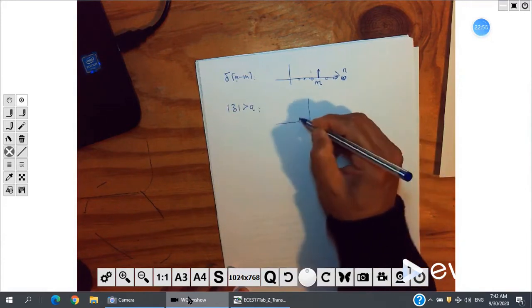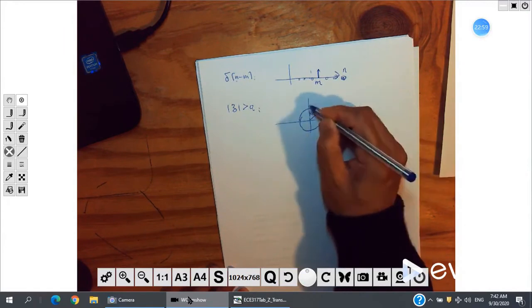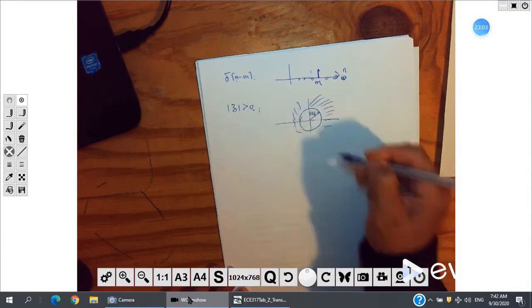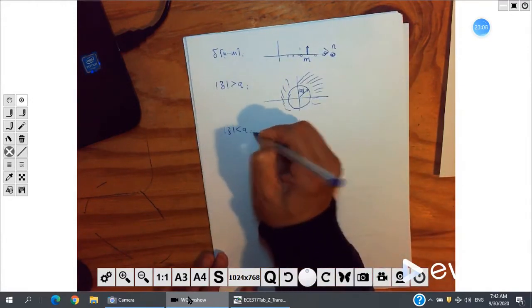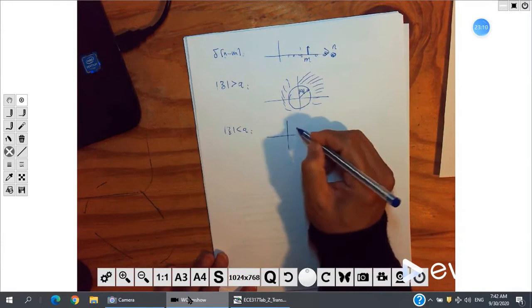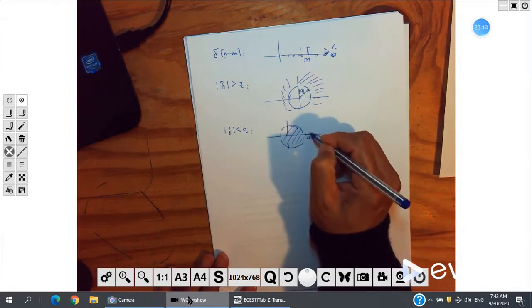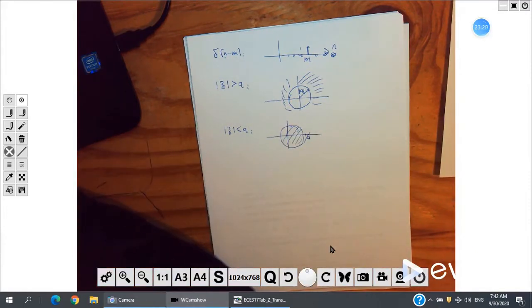Here's a, and this is outside. And z smaller than a, of course, will be inside the circle. Here's 1 over a. So this is the ROC of 1 over, which one? This one.